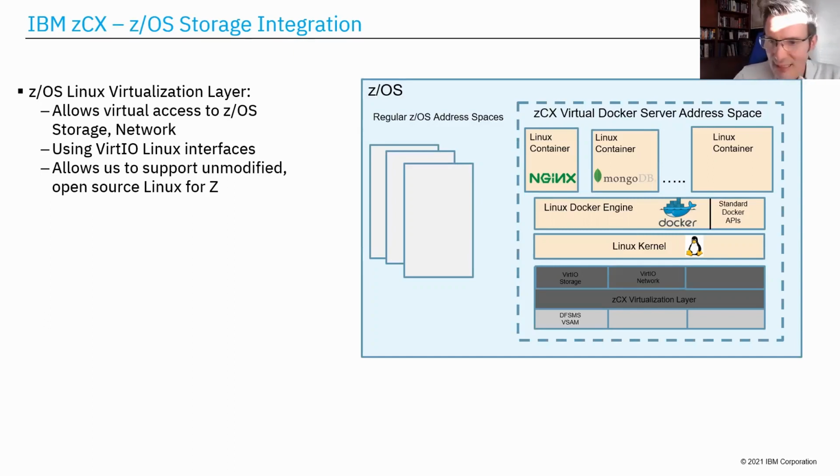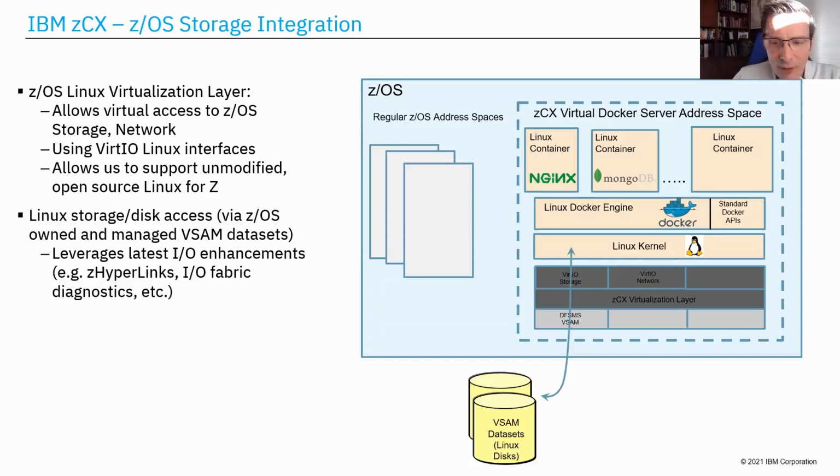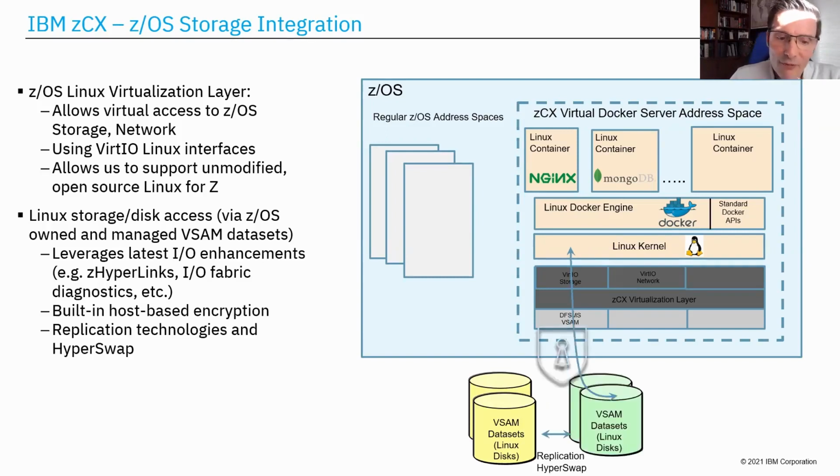By using these VirtIO devices, we are now writing to these VSAM linear data sets. And again, we can do things like zHyperLink and I/O fabric diagnostics. We have built-in host-based encryption if you use pervasive encryption. We have replication technologies, and we have HyperSwap available to Linux applications. This is pretty cool stuff, right?